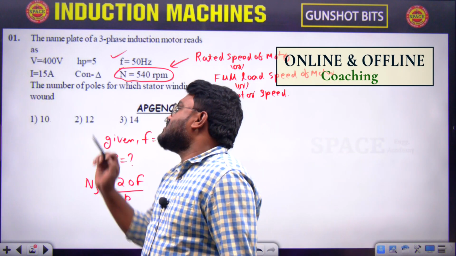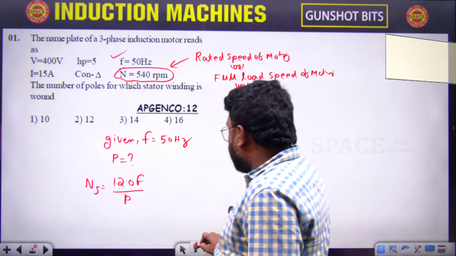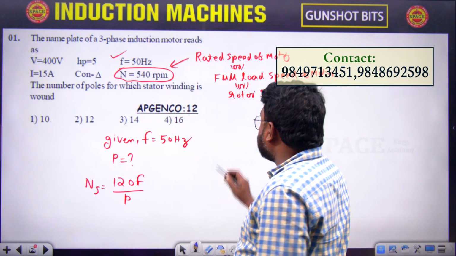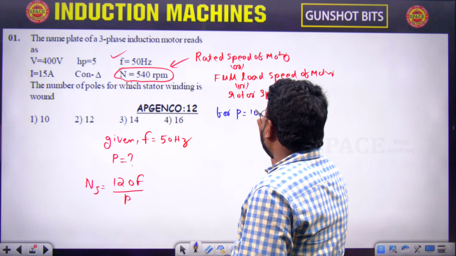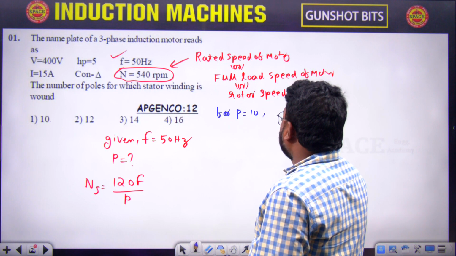From the options we need to verify the synchronous speed of the machine. For P equal to 10 poles, let us calculate the synchronous speed.